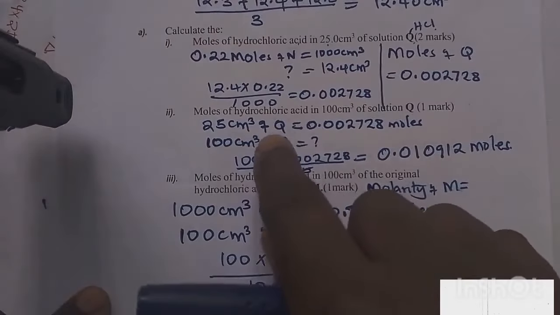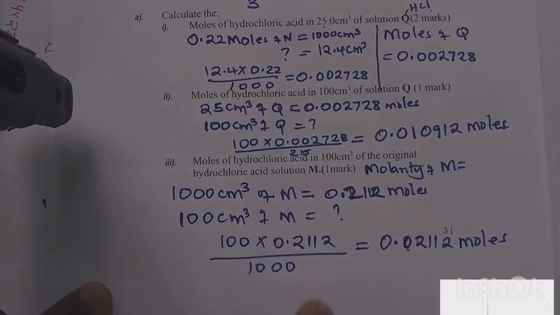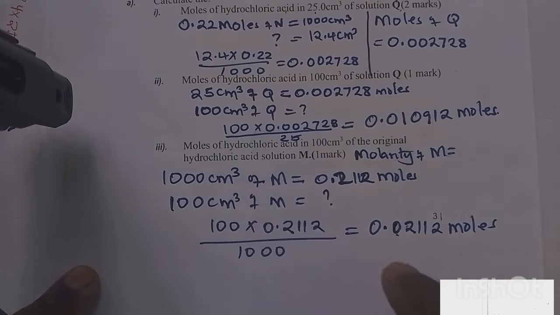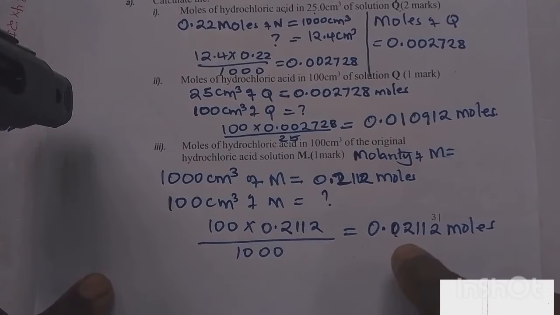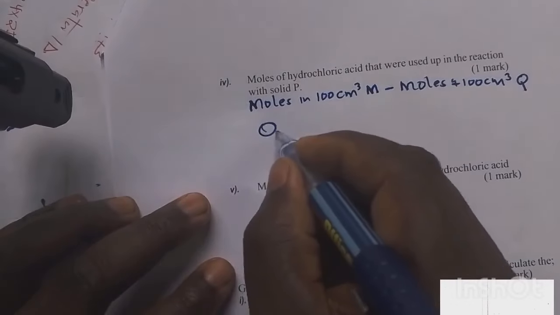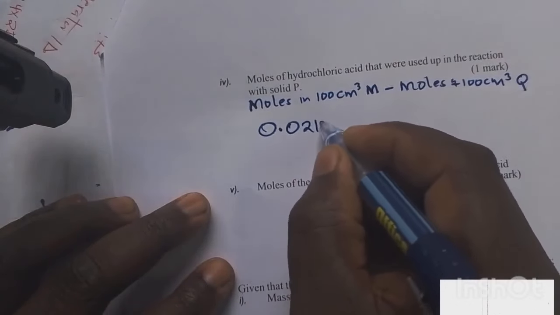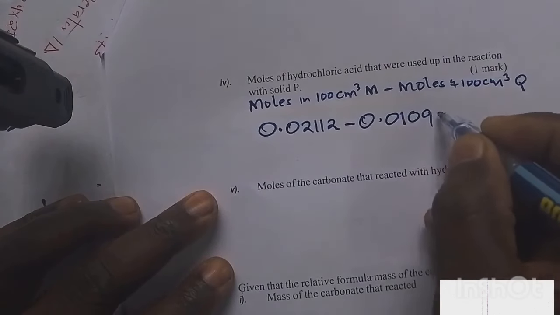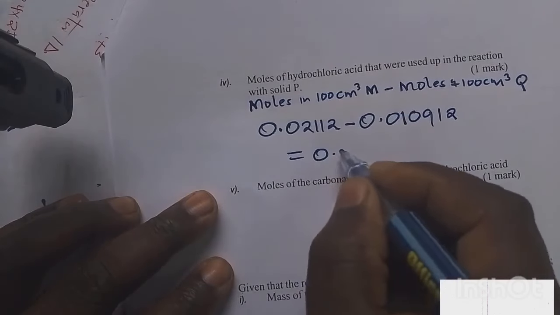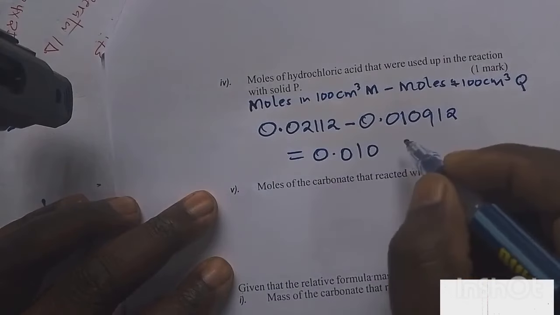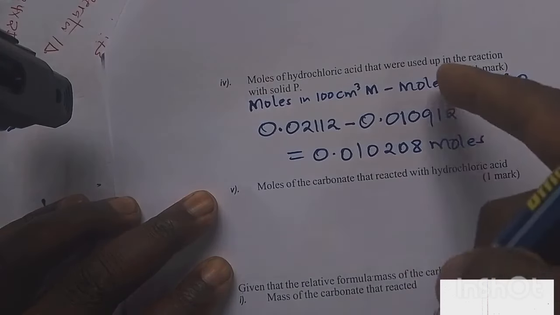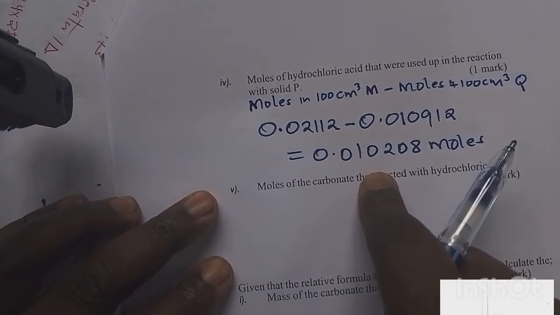Moles in 100 solution Q, and this is our moles in 100 original solution M. So to get the moles that reacted with P, it is this minus this. And the answer is 0.01028 moles. This is the number of moles of HCl that reacted with the carbonate P.